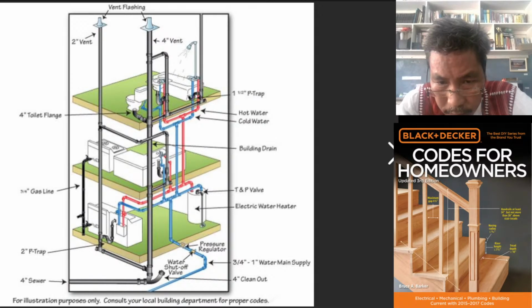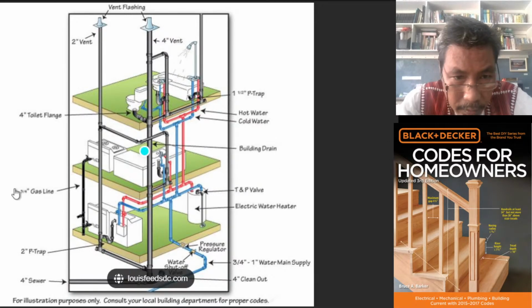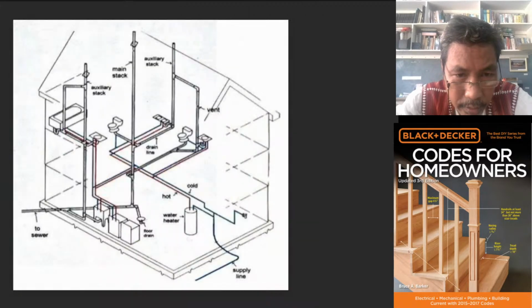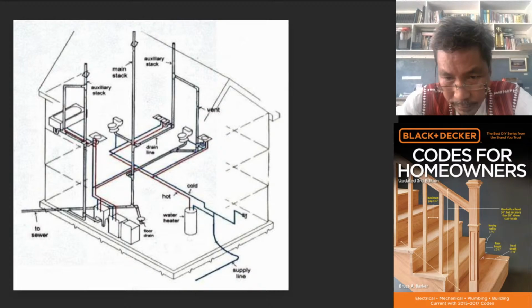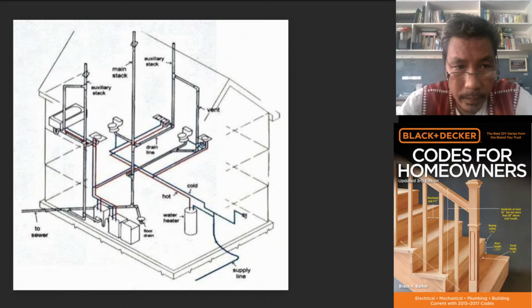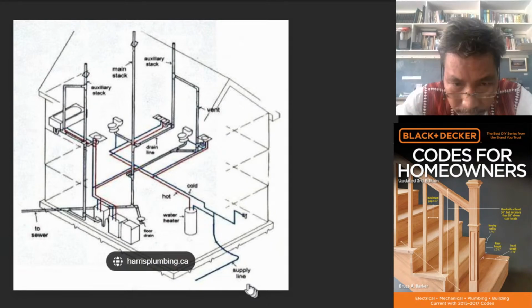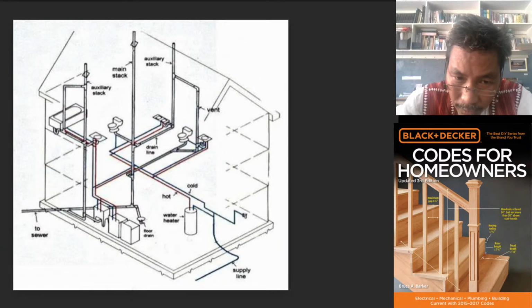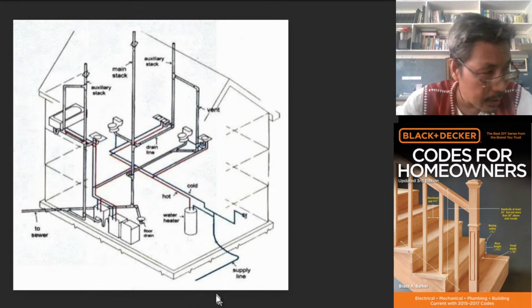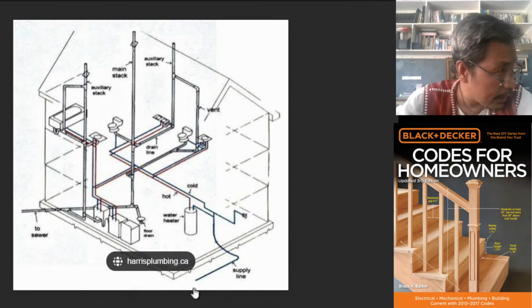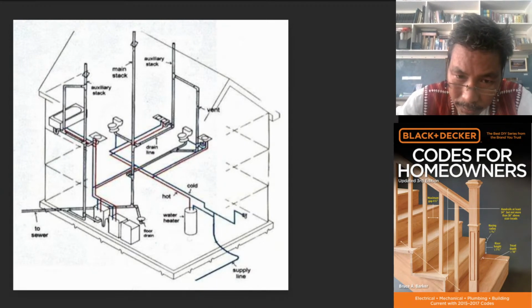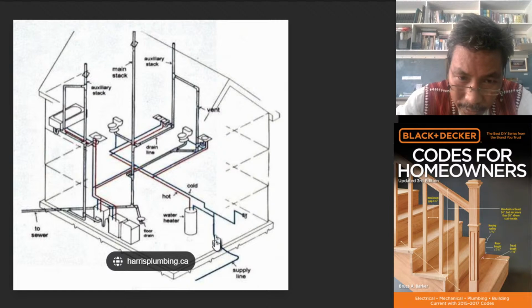What's next? Can we go to the next picture? Okay, so supply line. This is the supply line, meaning coming from outside, from the water supply company, going in through our fence, going inside the building.